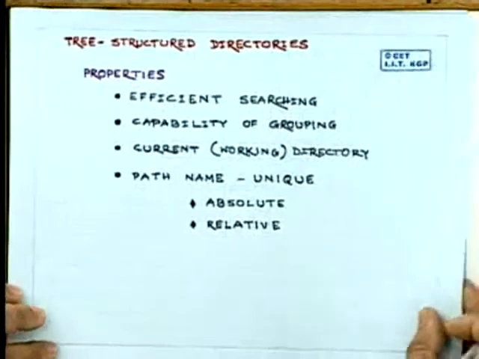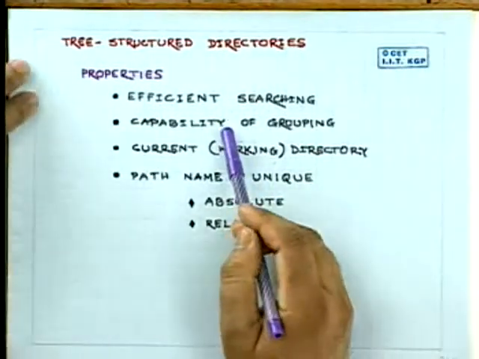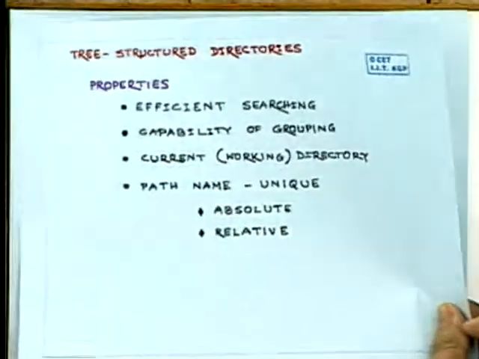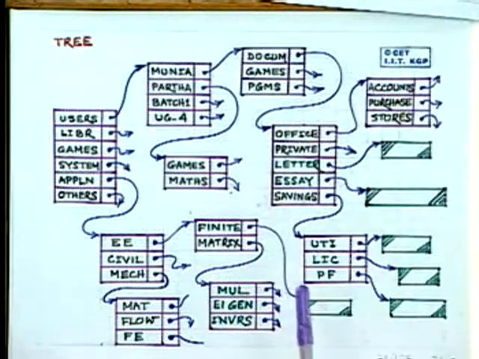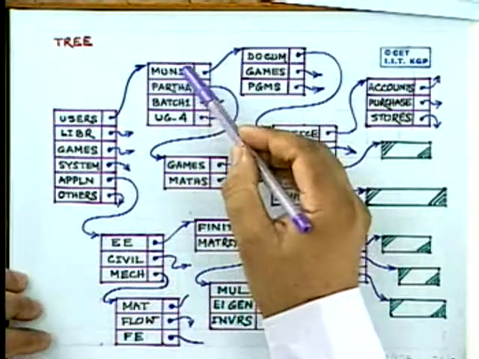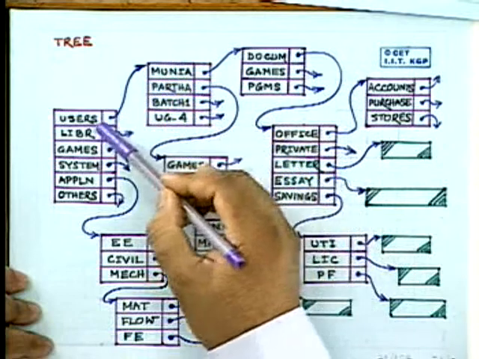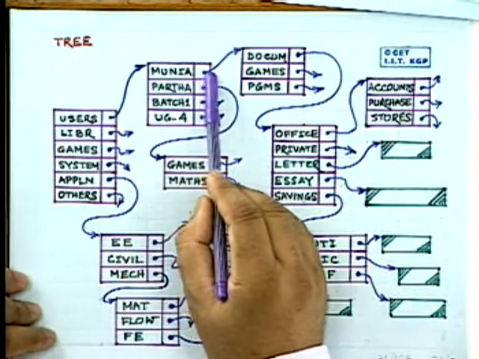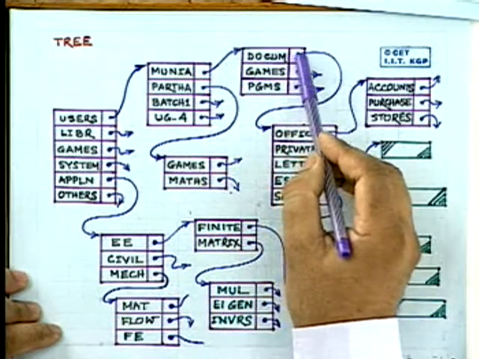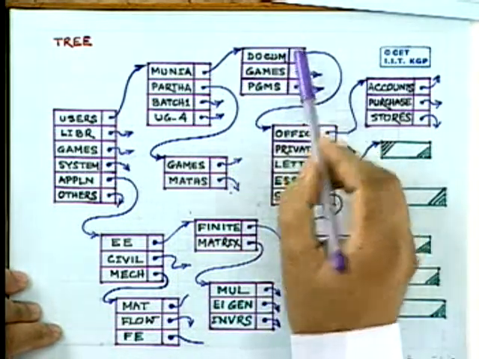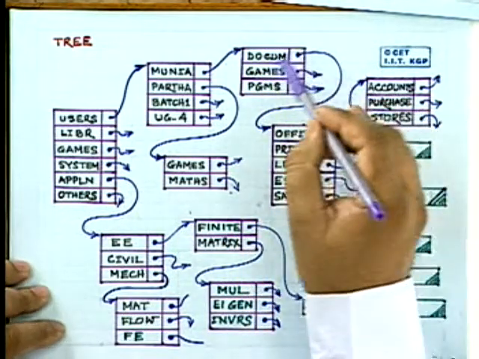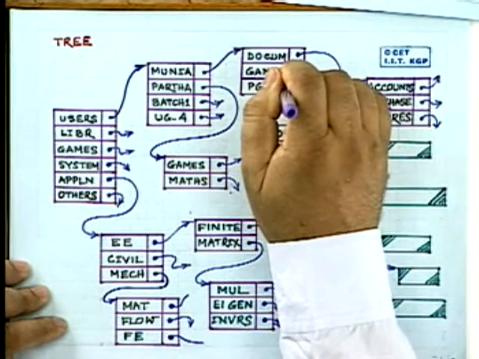Second important property is the capability of grouping. For example, here you see the capability of grouping we have done, so for example, all the users have been kept under users. All the files and the subdirectories of Munia have been kept under this subdirectory, which is essentially the root of a subtree, at this point, right?